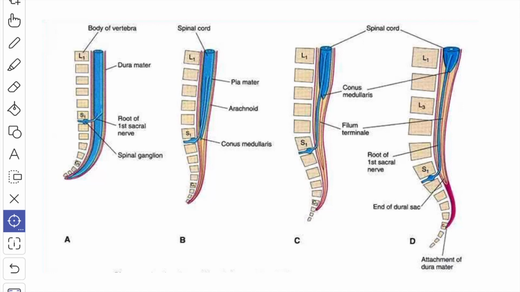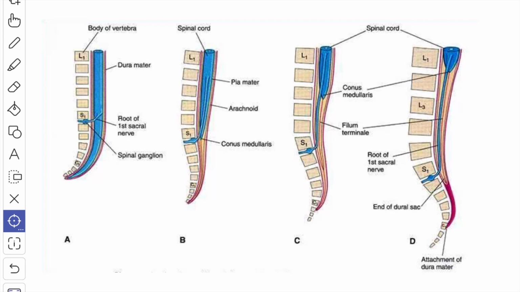Up to the 3rd month of intrauterine development, the spinal cord extends through the entire length of the vertebral canal and the spinal nerve emerges through the intervertebral foramen at the level of the origin.